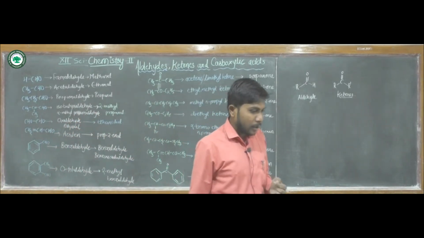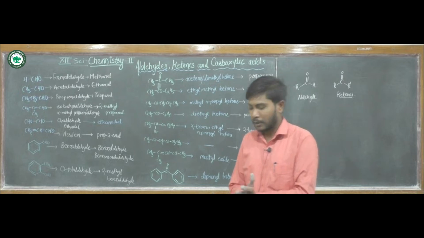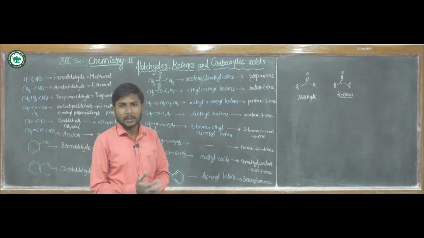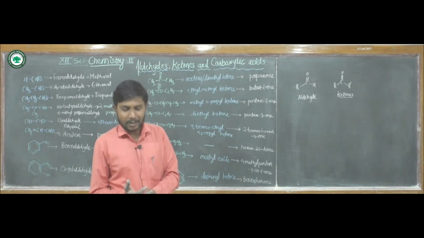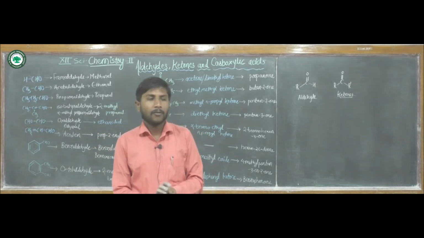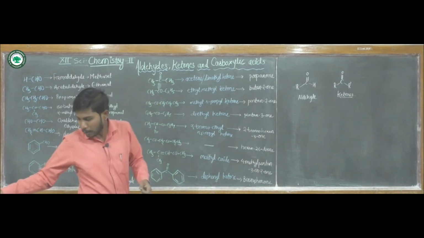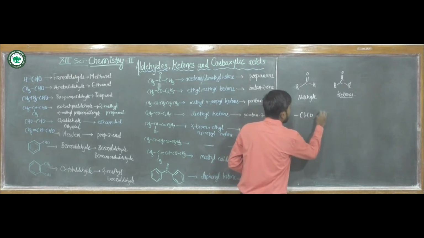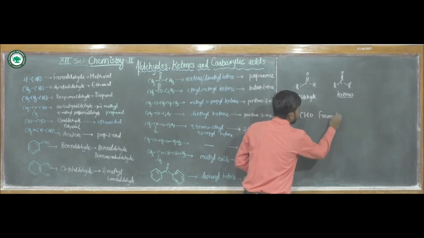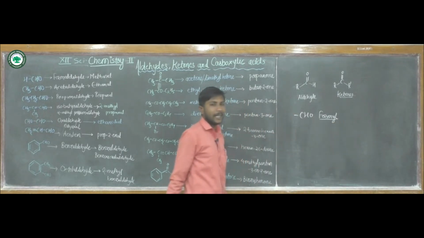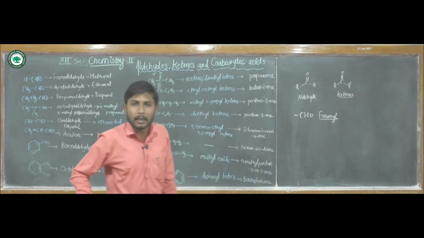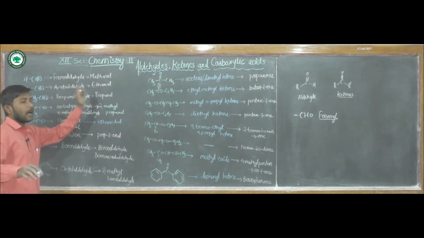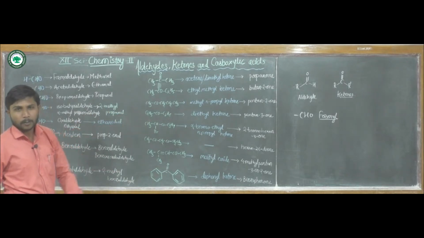As you know, there is a trivial name system and an IUPAC name system for naming organic compounds. Firstly, in the trivial or common name system, for the nomenclature of aldehydes, the formyl group, that is CHO, is attached to one of the alkyl groups, and the name is followed by aldehyde due to the presence of the formyl group.